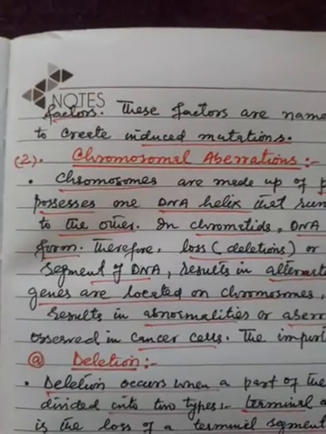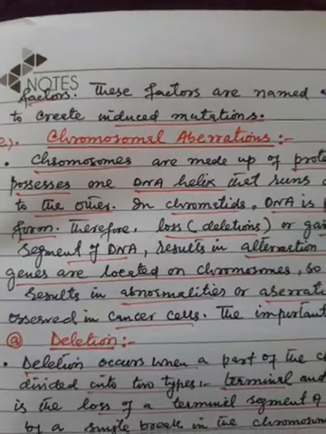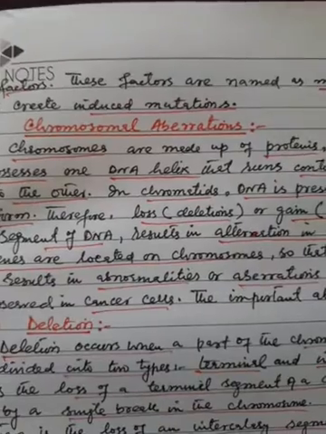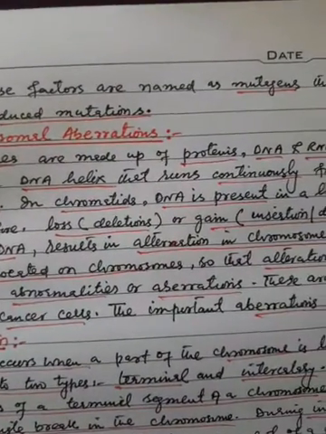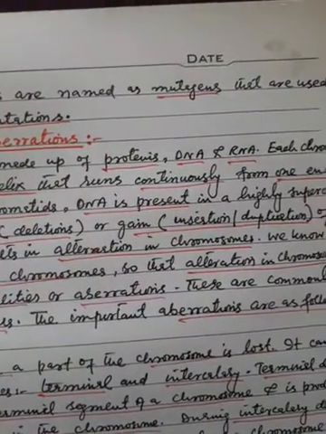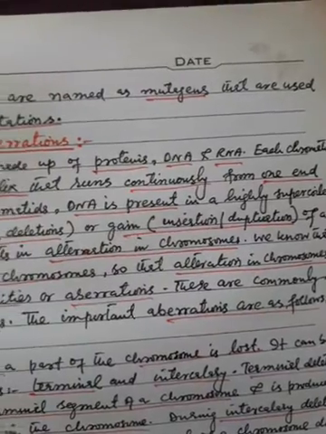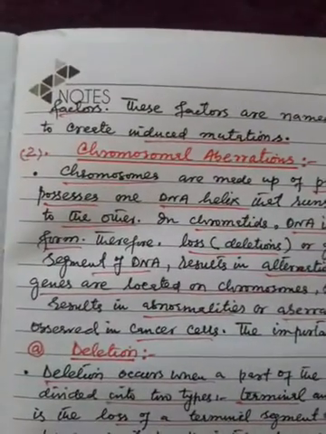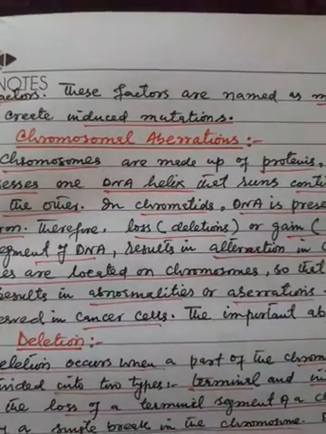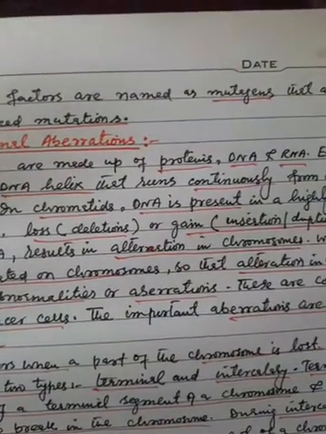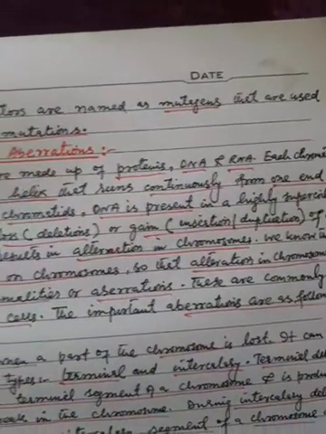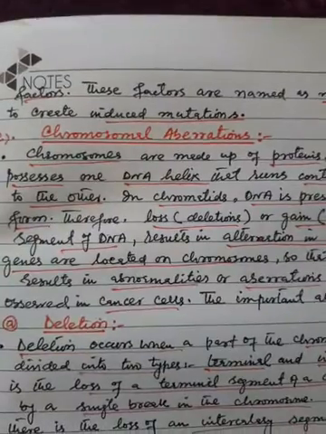Number second type of mutation is chromosomal aberration. Chromosomes are made up of proteins, DNA and RNA. Each chromatid possesses one DNA helix that runs continuously from one end to the other.